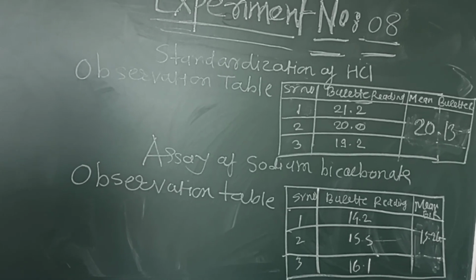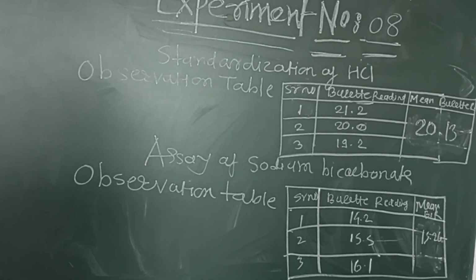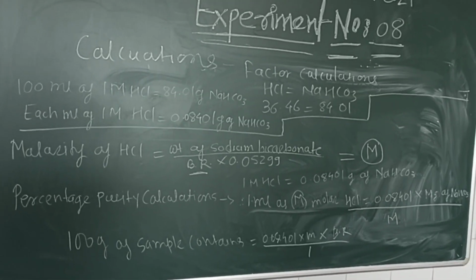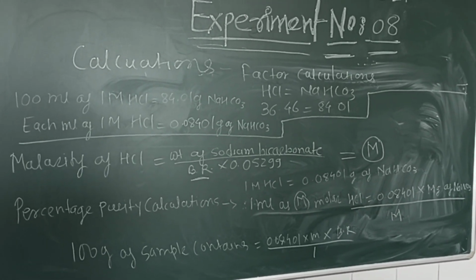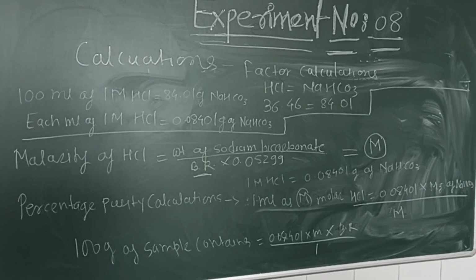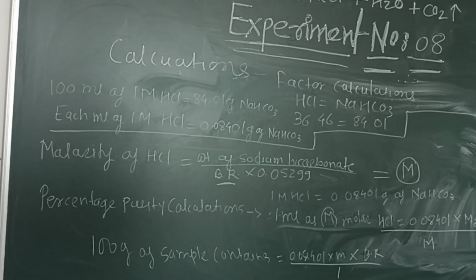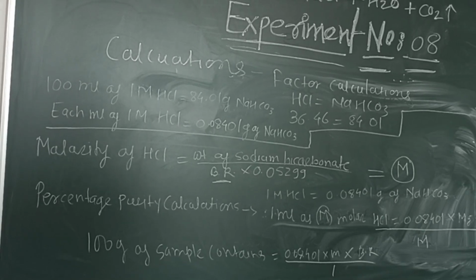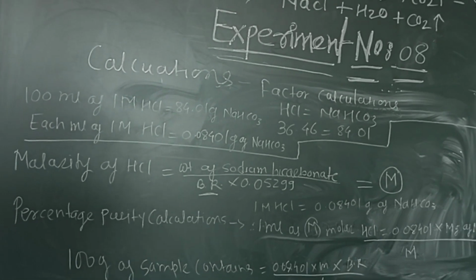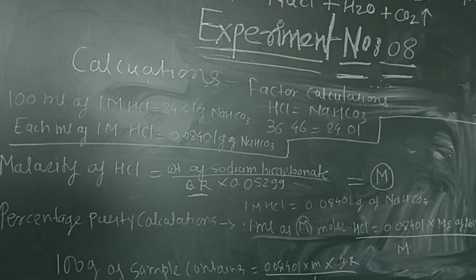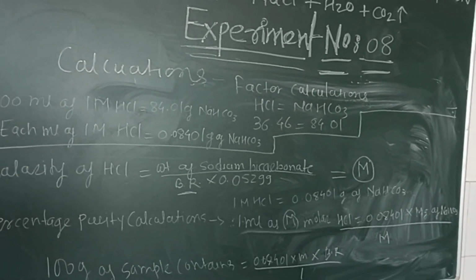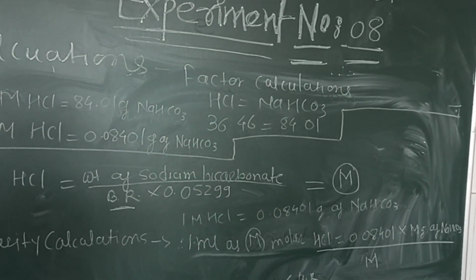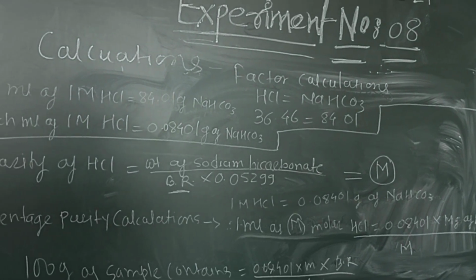See the formula for that. After finding the burette reading for standardization of hydrochloric acid, we go for calculation. In the calculation part we first calculate the factor.